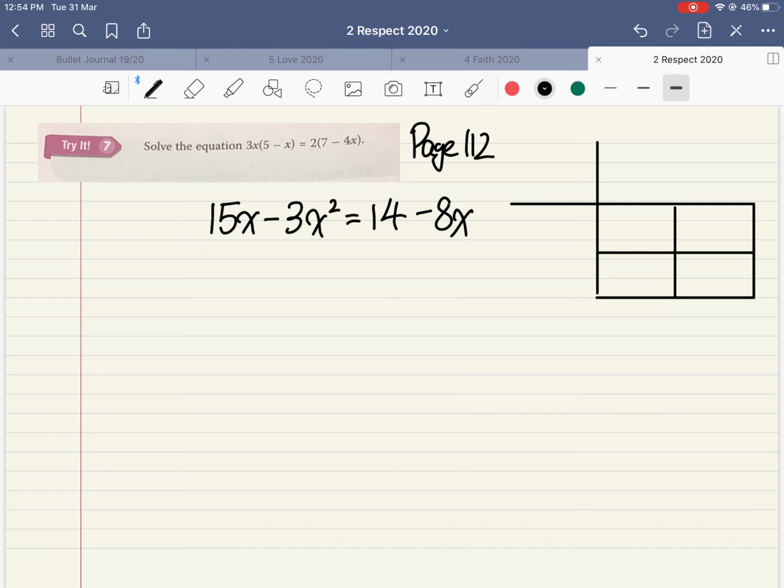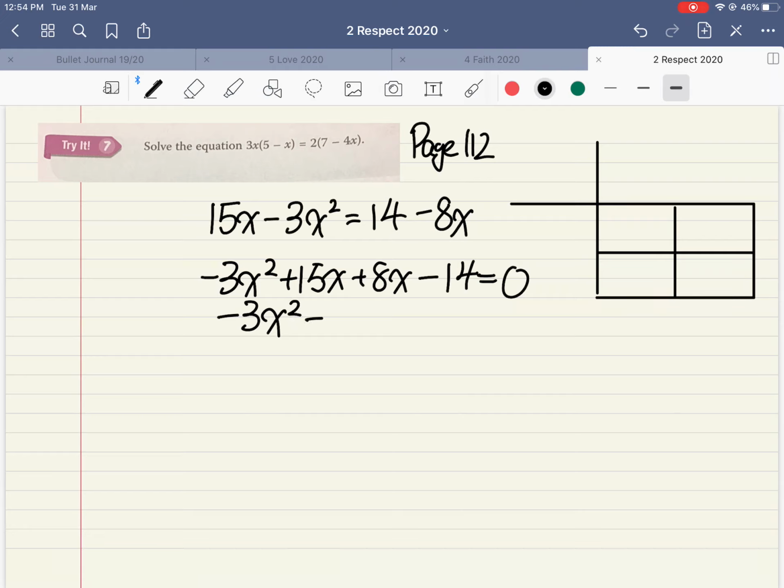Now I'm going to rearrange my equation to get negative 3x squared plus 15x plus 8x minus 14 equals 0. Simplifying, I get negative 3x squared plus 23x minus 14 equals 0.